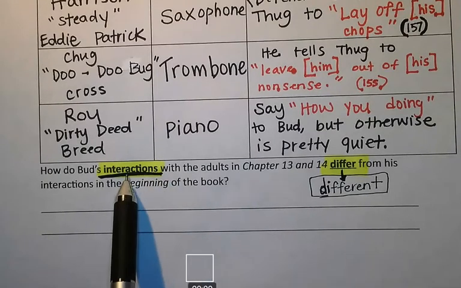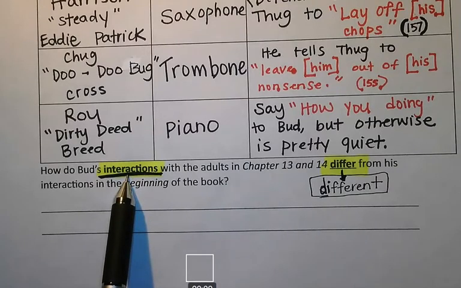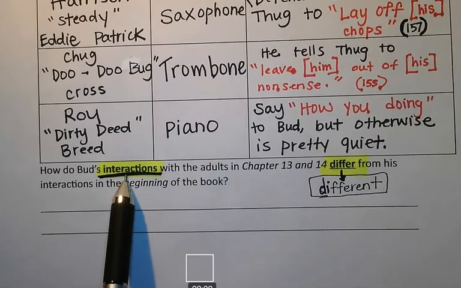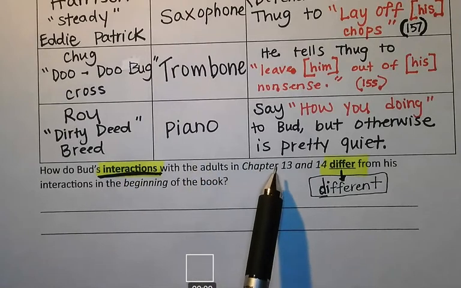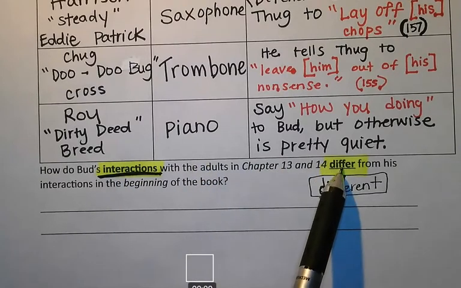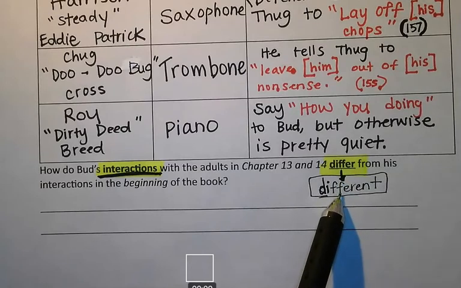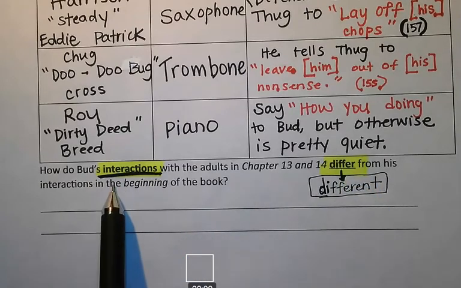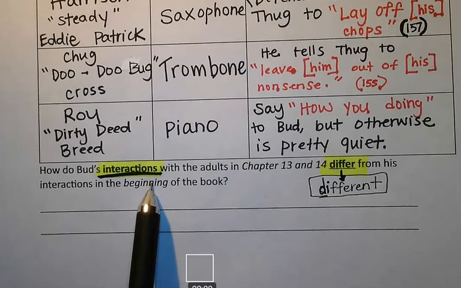Interactions are when we come across other people or we communicate with them in some way. So Bud's interactions and communication with other people in chapters 13 and 14 are different from his interactions at the beginning of the book.